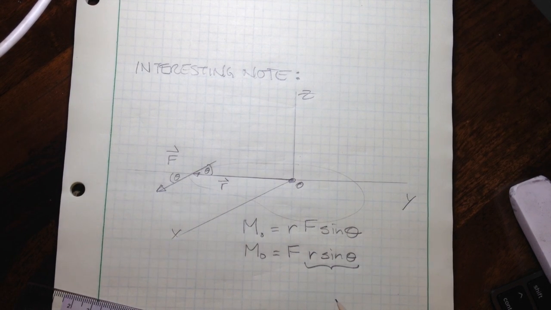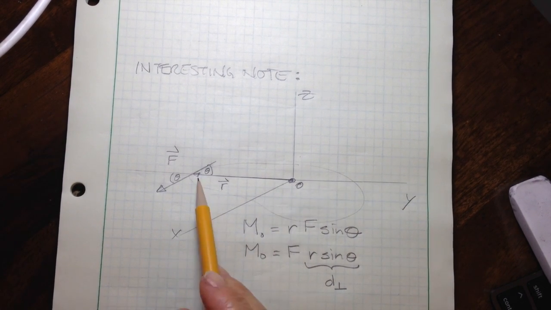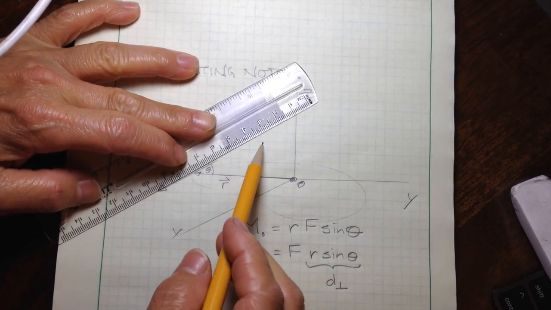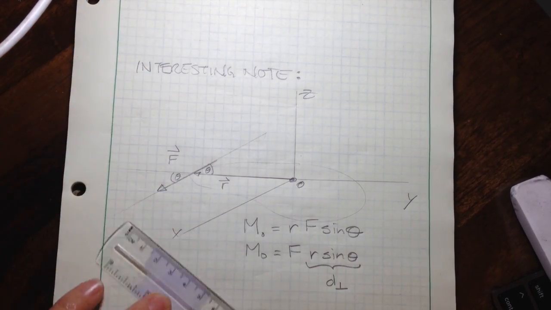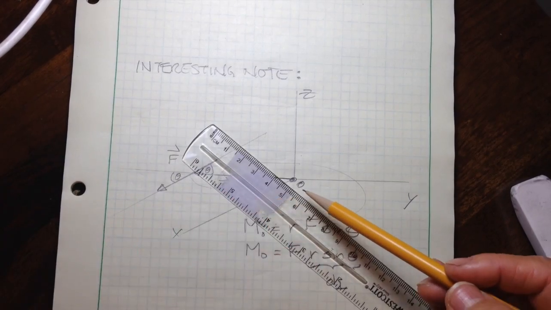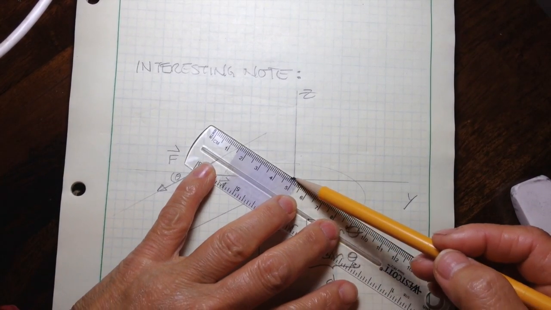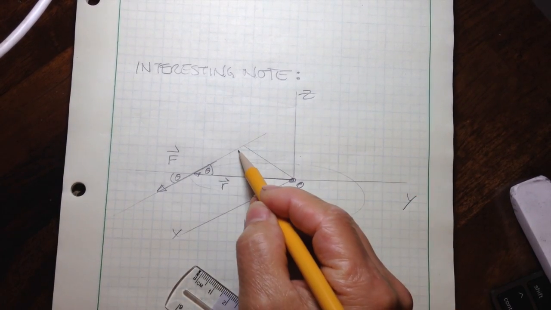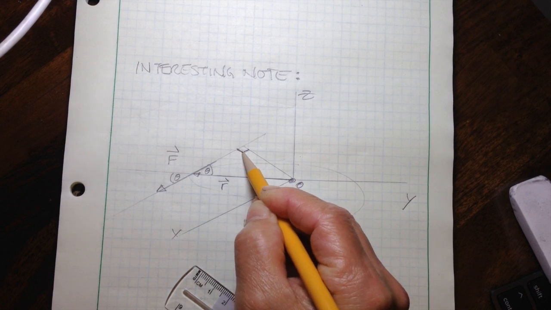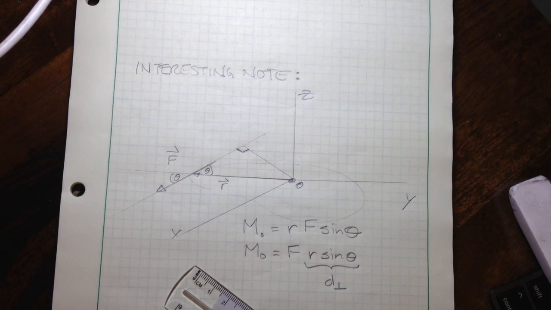Now this r sine theta is actually the perpendicular distance from O to the line of action of F. That means it would be something like this, where that's 90 degrees.